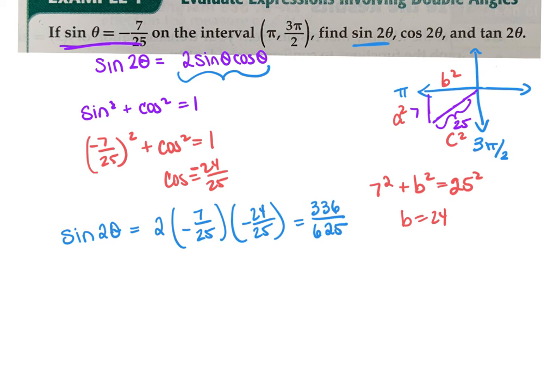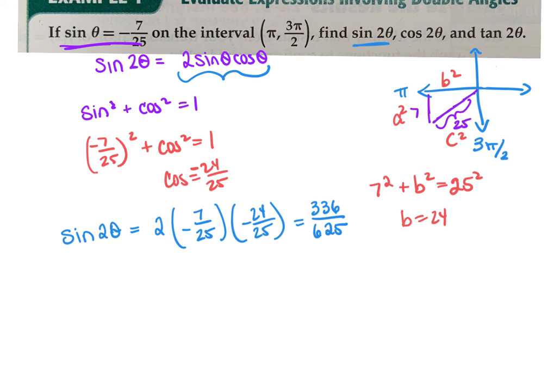Now, cosine has 3 different ones we can use. It is cosine squared minus sine squared, 2 cosine squared minus 1, or 1 minus 2 sine squared. And honestly, because you have the same denominator, I think the cosine squared minus sine squared is going to be the easiest one, believe it or not. All right.